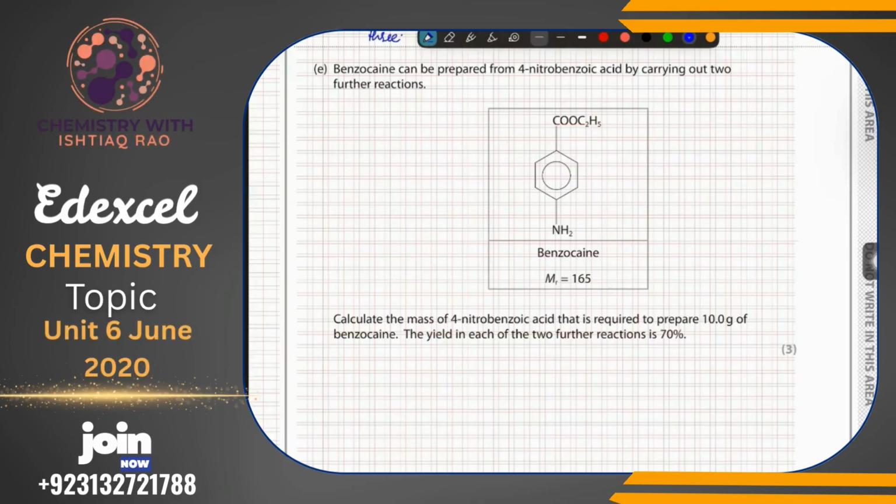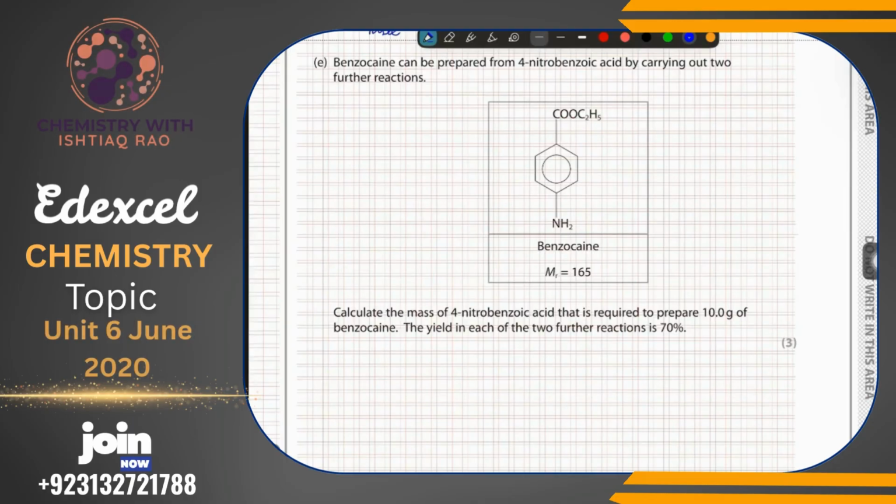Is there an equation? So 3 marks. Giving us the mass that is required to prepare 10 grams. The yield in each of the two further reactions is 70%.